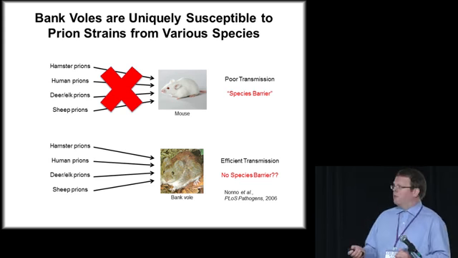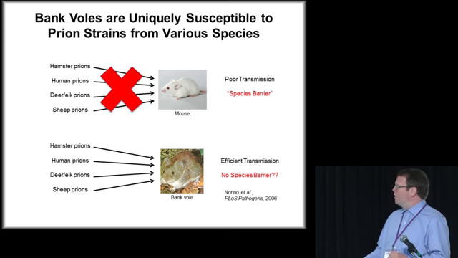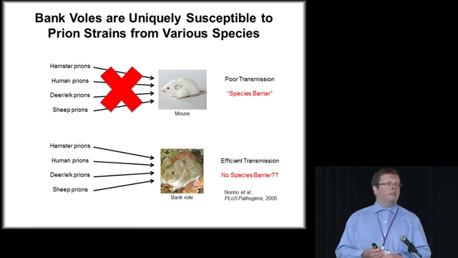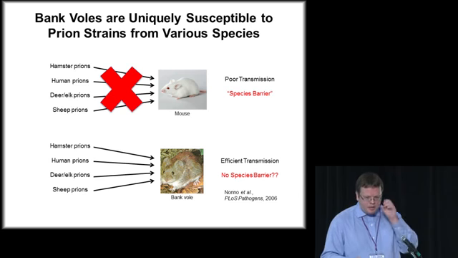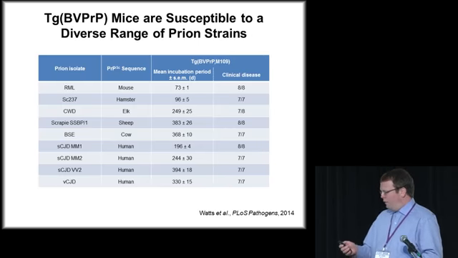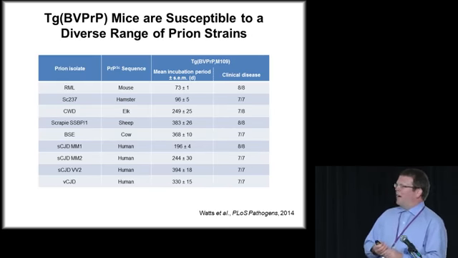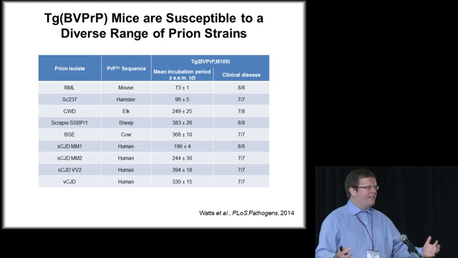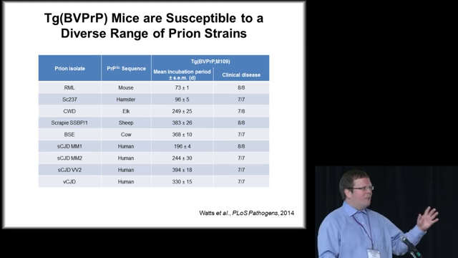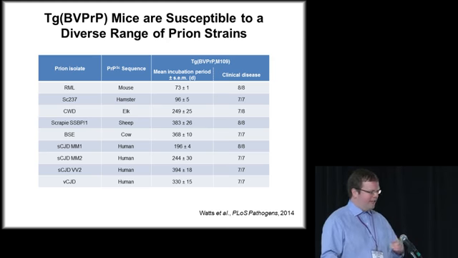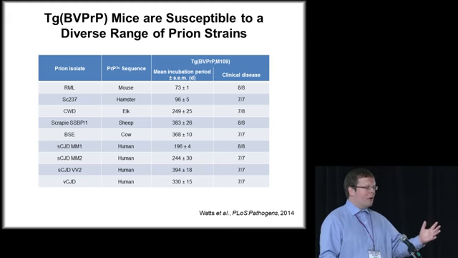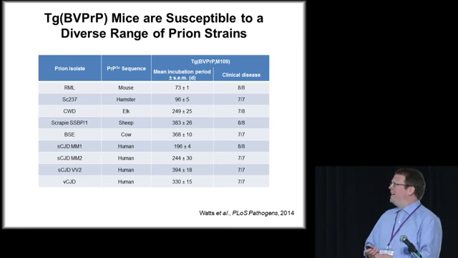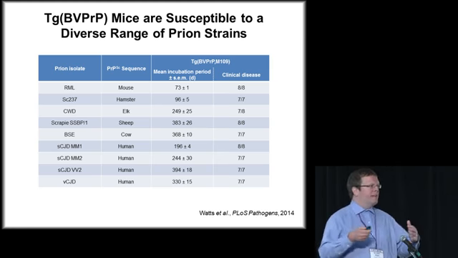This is all remarkable research that was done by the groups of Romolo Nonno and Umberto Agrimi in Italy. For various reasons, one being that bank voles are not endemic to North America, and therefore importing them over here creates a lot of regulatory problems, we decided to try and make a mouse that mimics a bank vole.